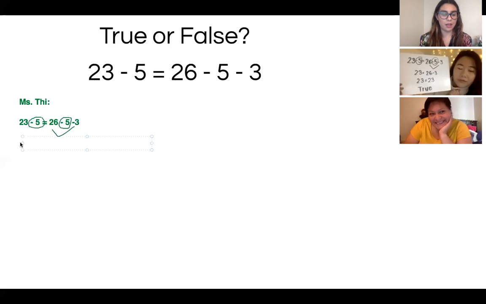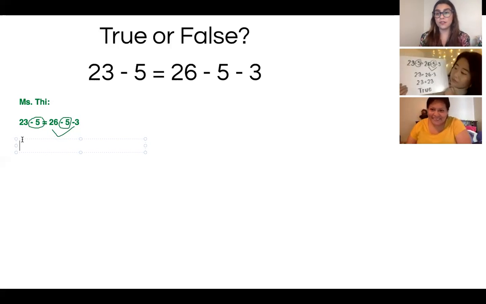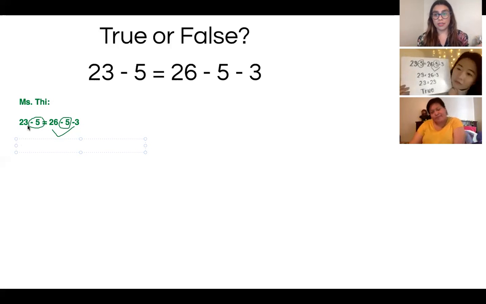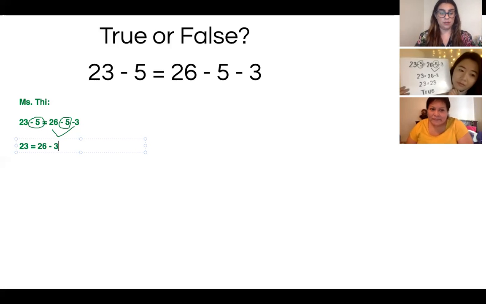Interesting. And I like that you grouped that minus 5 with the 5, the subtraction symbol with the 5, because that shows they're together, right? It's minus 5 with the unit. So I wrote here that so far you took out that minus 5 from both sides of the equation, and then you put 23 is equal to 26 minus 3.